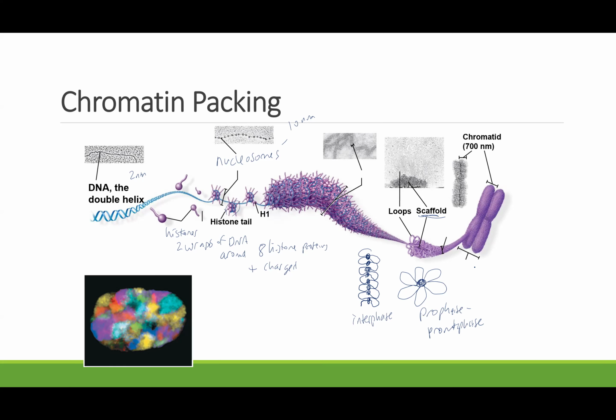And this is when we get to the metaphase chromosome, which is the most condensed. It's the shortest chromosome. So that DNA just keeps packing and packing and twisting upon itself until you get to this most condensed metaphase chromosome.